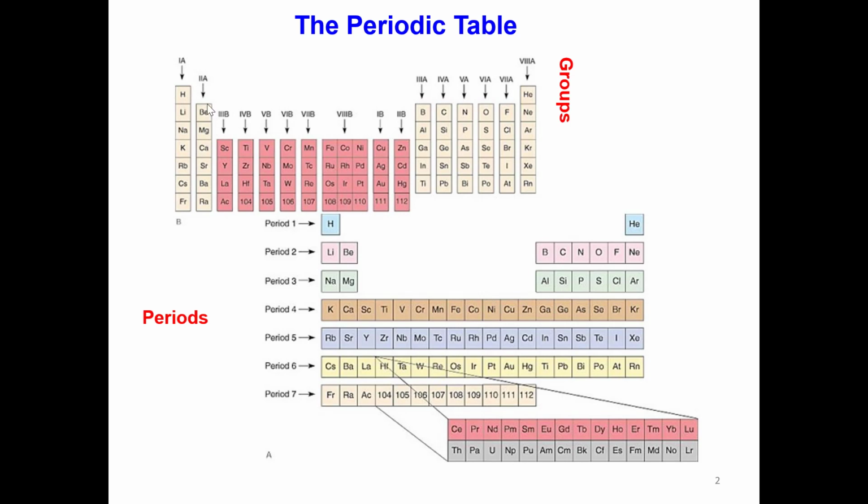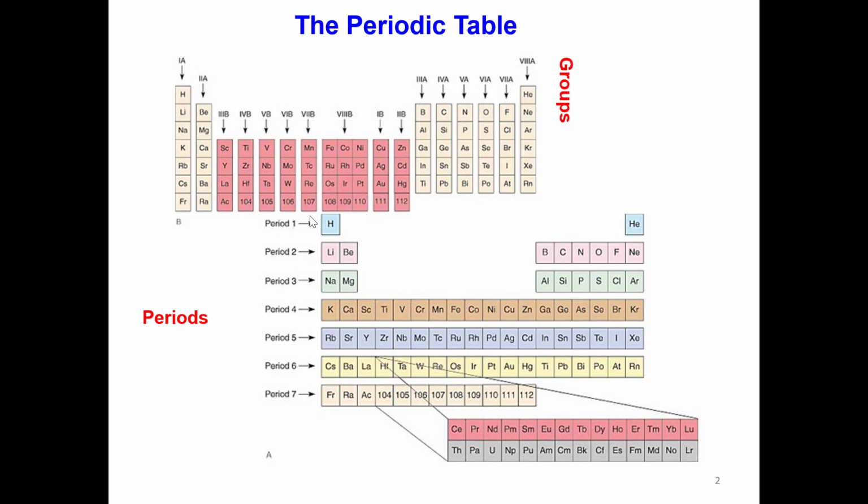The elements in group 2A have two electrons in the last shell, and the elements in group 3A have three electrons in the last shell. In the same way, this number on top indicates how many electrons these elements have in the last shell.